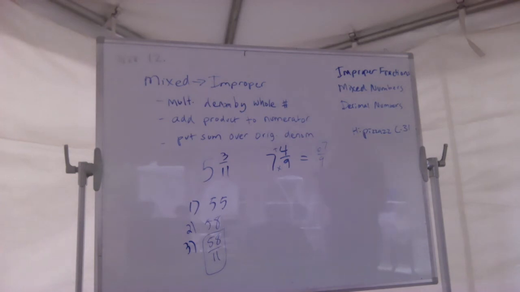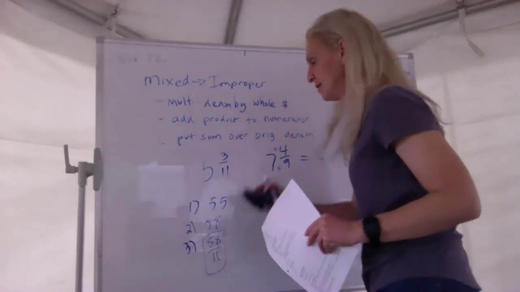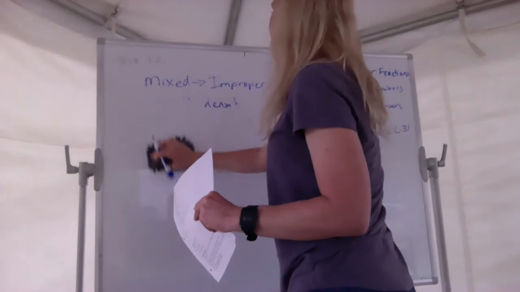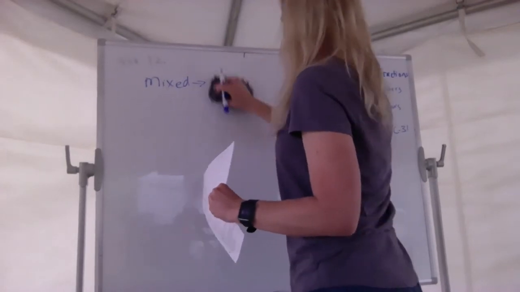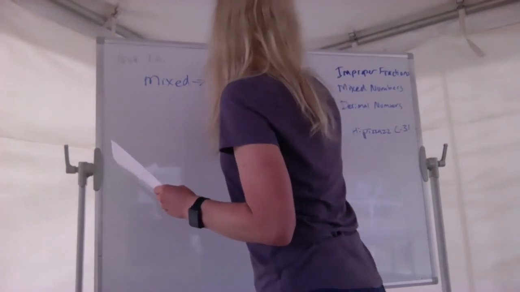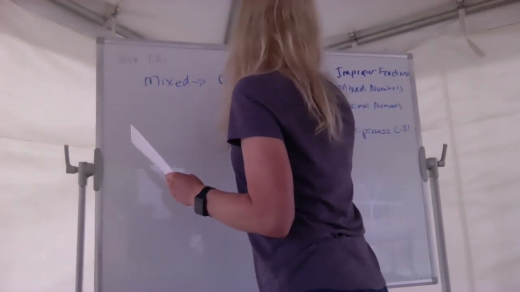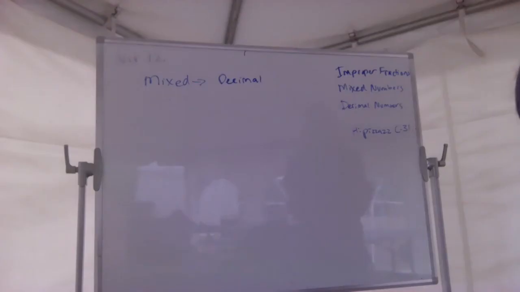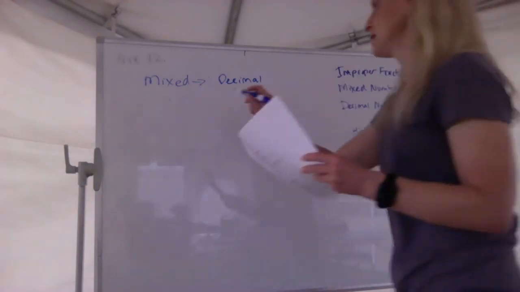Okay, now we're going to do mixed number to decimal. All right, mixed to decimal. With a mixed number to decimal, basically the whole number stays.